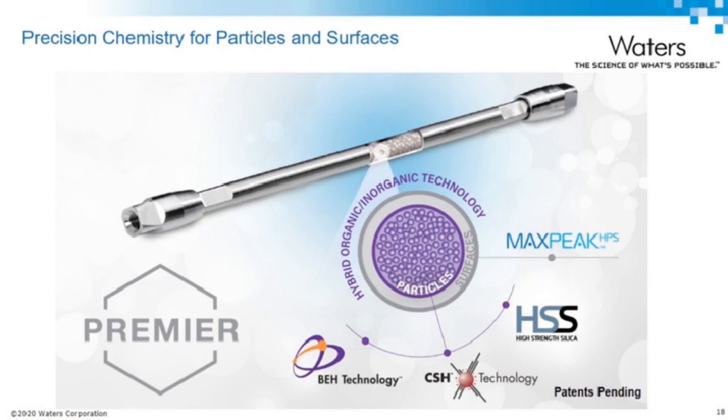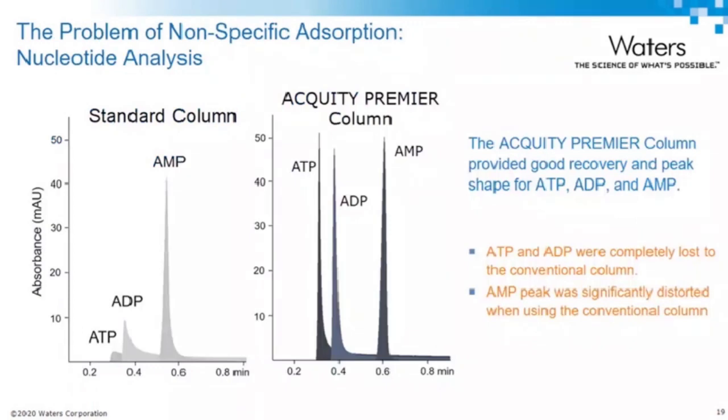That layer chemically is very similar to our hybrid silica technology that is known as BEH, and now exists commercially under the Premier name with all sorts of Waters columns, including CSH and high strength silica HSS brands. First, we started with reverse phase chromatography. We will extend it into HILIC and other modes.